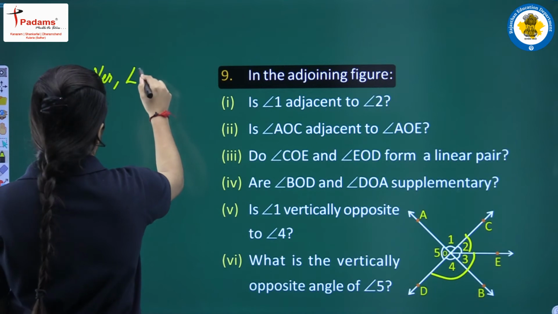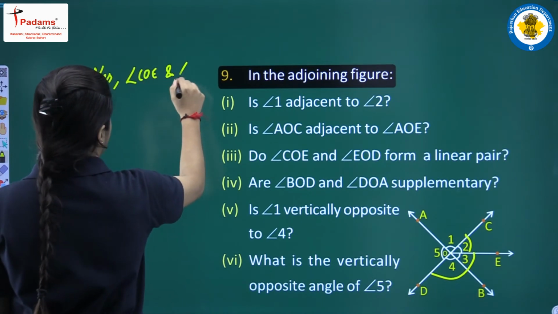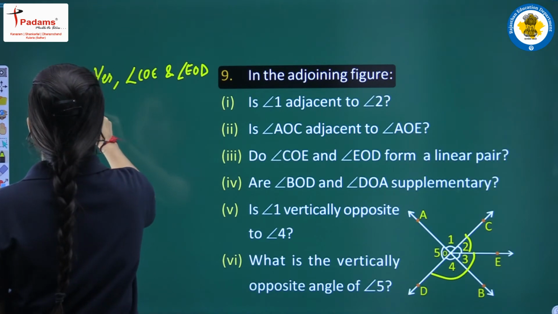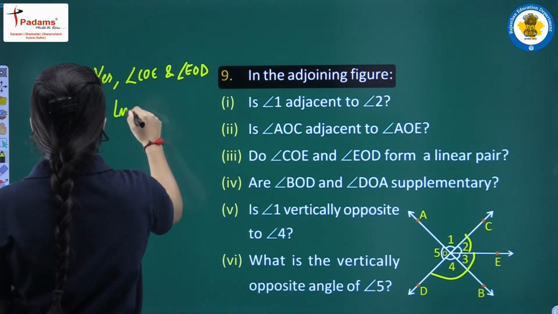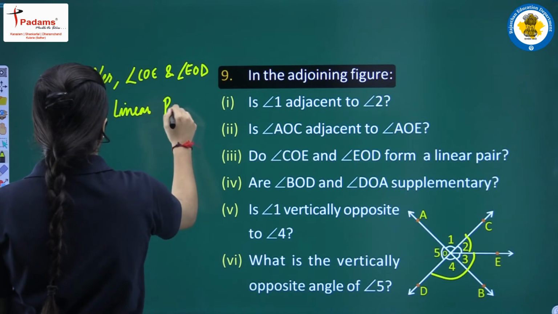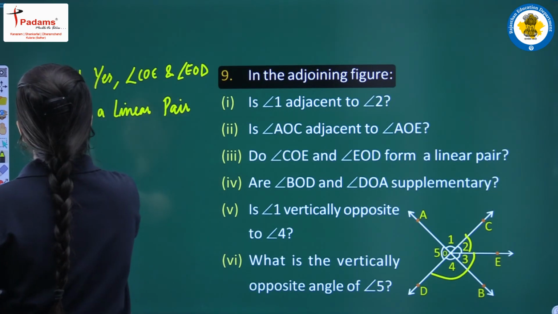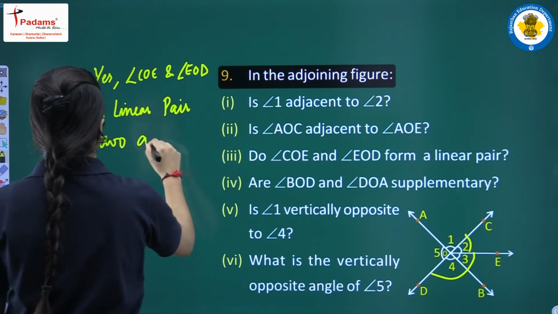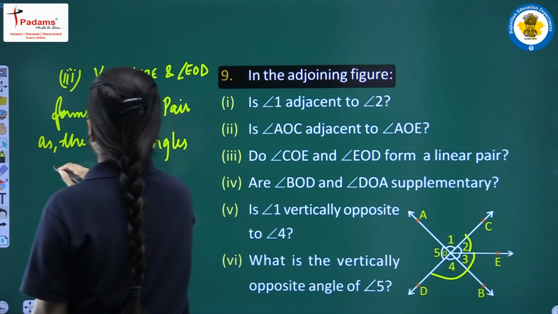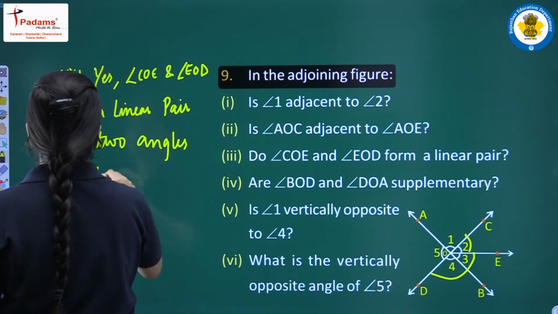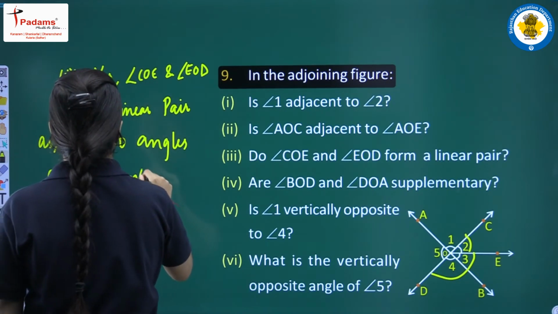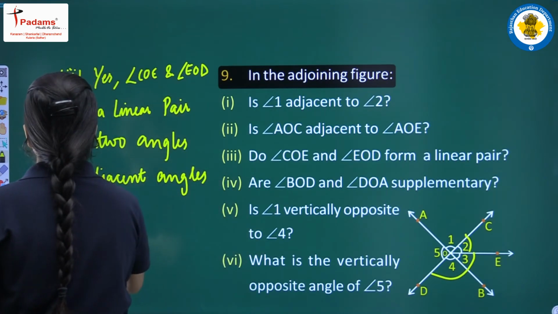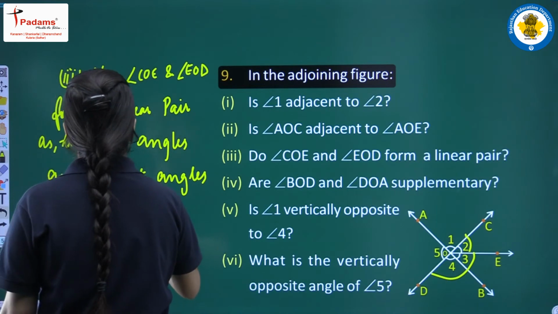Yes, angle COE and angle EOD form a linear pair, okay, as the two angles are adjacent angles and on a straight line.